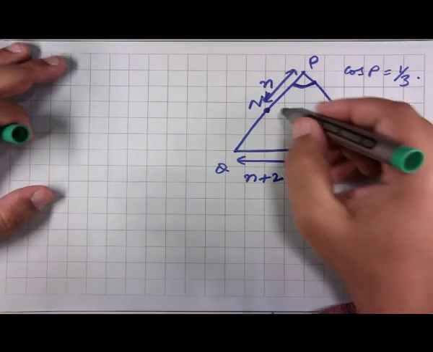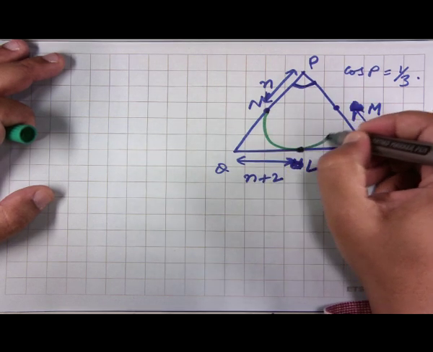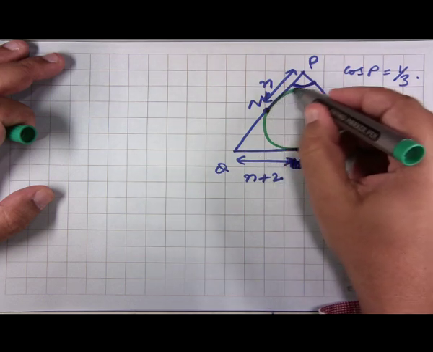And let this be the incircle which I am drawing using the green pen.